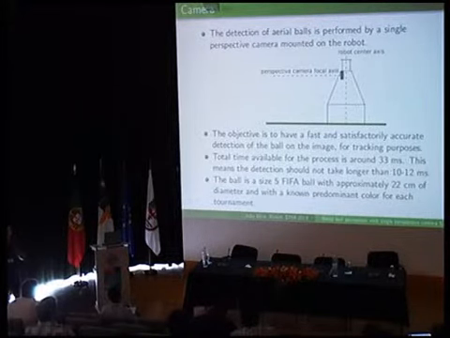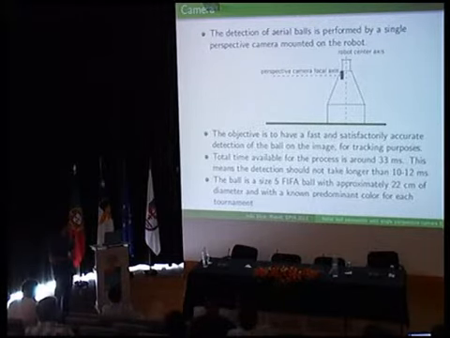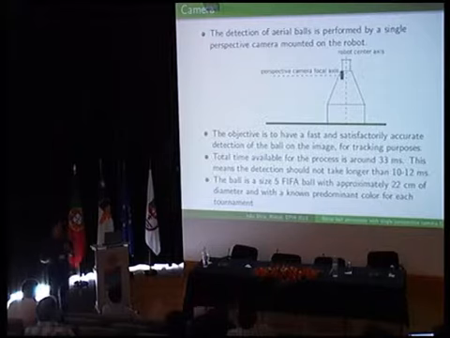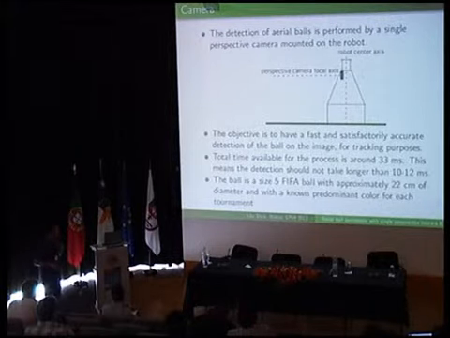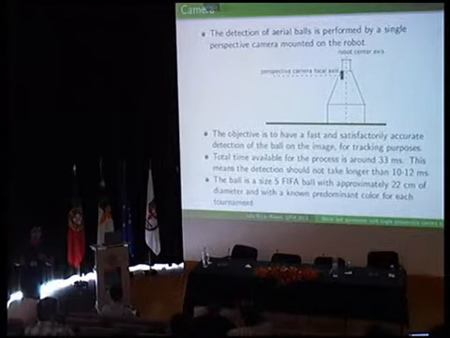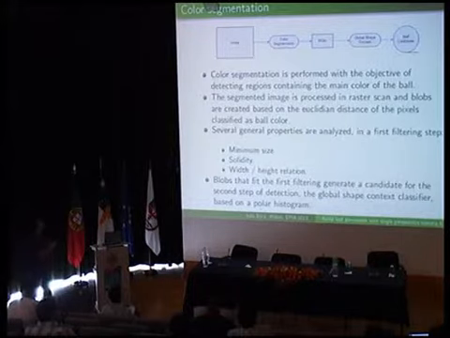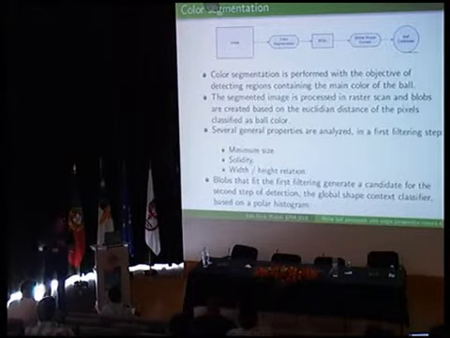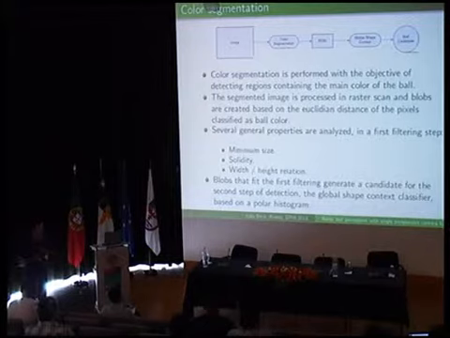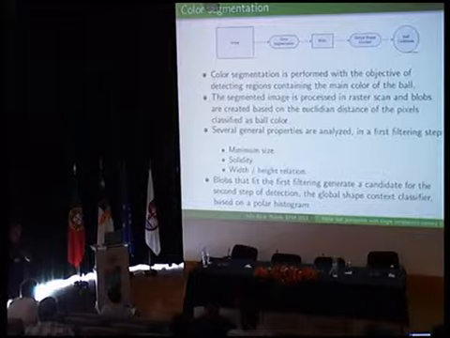The ball to detect in this case is a standard size 5 FIFA ball, which has approximately 22 centimeters of diameter, and in each tournament it has a known predominant color, which we can take advantage of as prior knowledge. So focusing on the process itself, on the color segmentation part and all the image processing that we do, we start by getting the image from the camera.